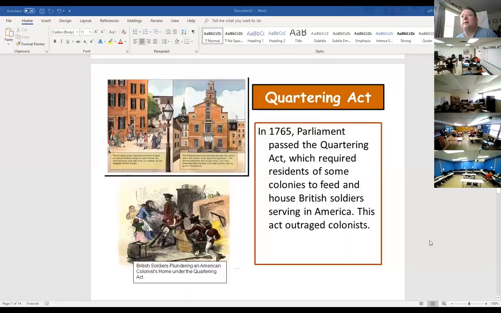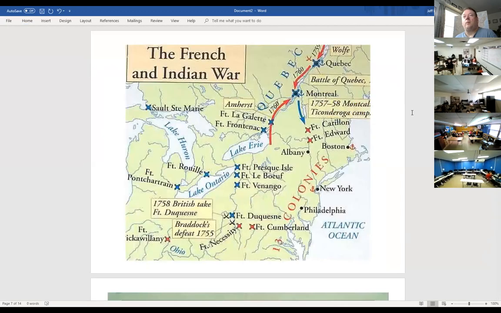I'm going to go to another map now. The French, you'll recall, primarily were fur traders. They had a good relationship with the Native Americans, and they really were not colonizing their territory.